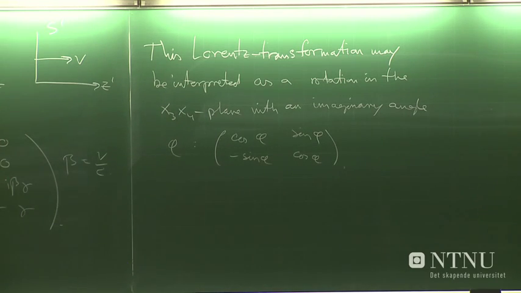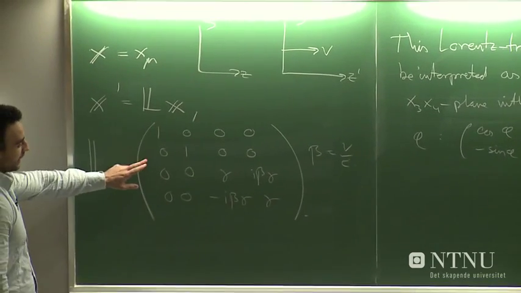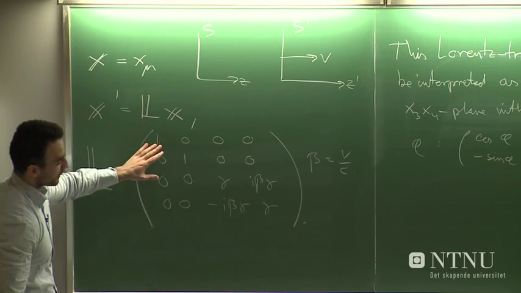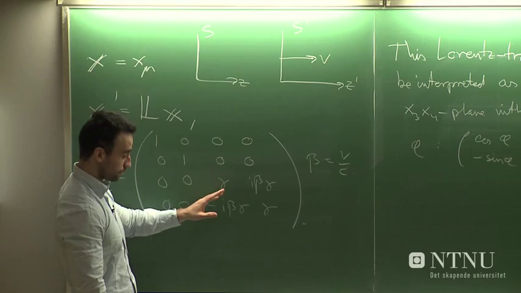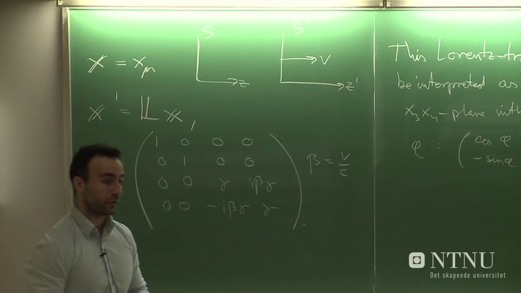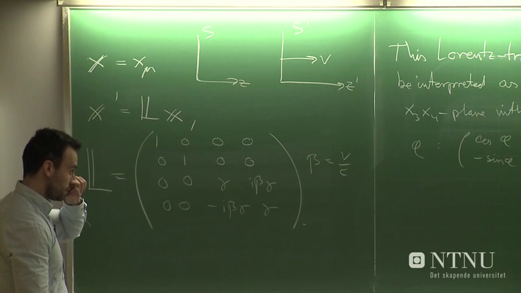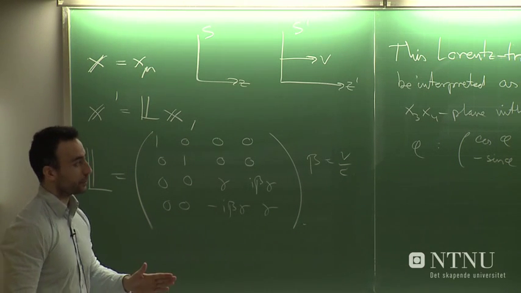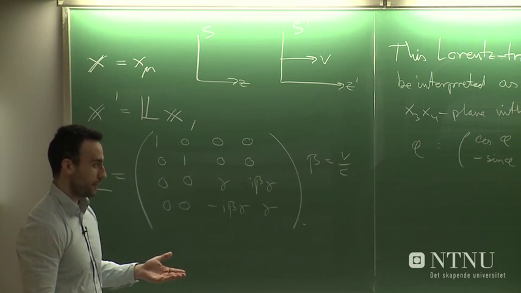So basically, this Lorentz transformation matrix leaves the x1 and x2, or x and y coordinates, if you will, invariant, whereas it transforms the x3 and the x4 coordinates. So we can actually interpret this as a rotation in the x3, x4 plane by an imaginary angle phi.